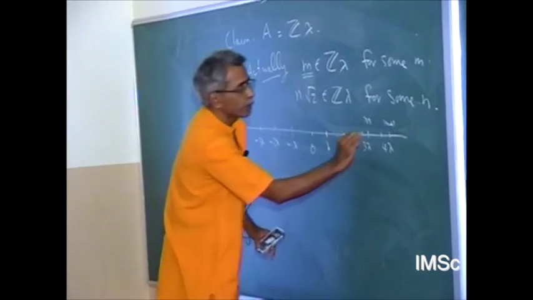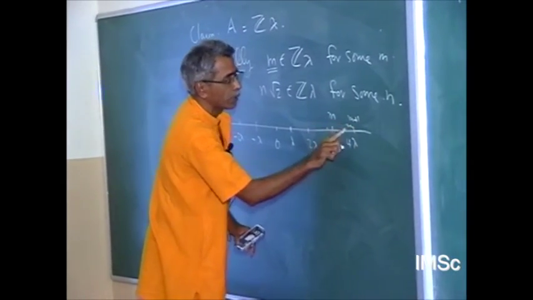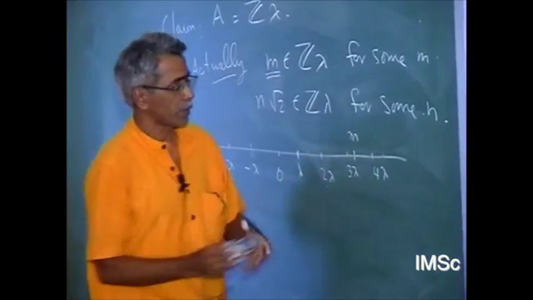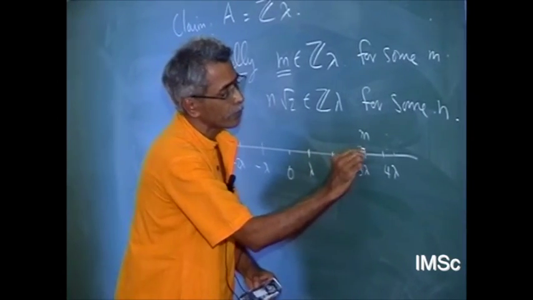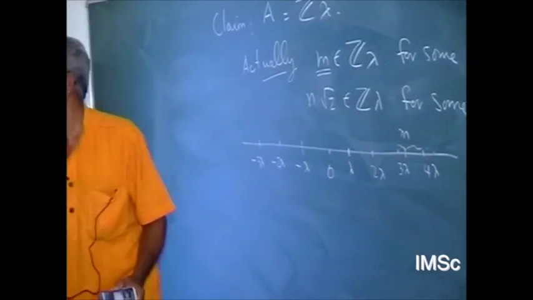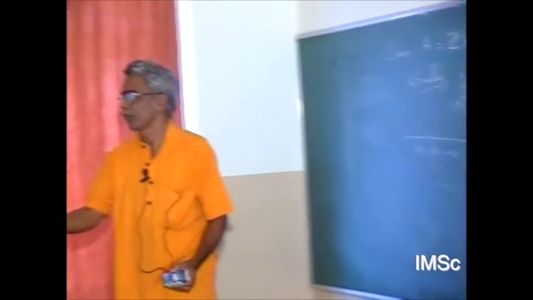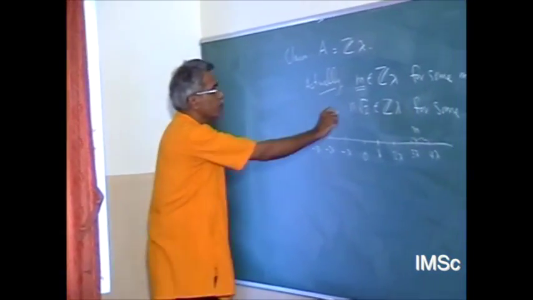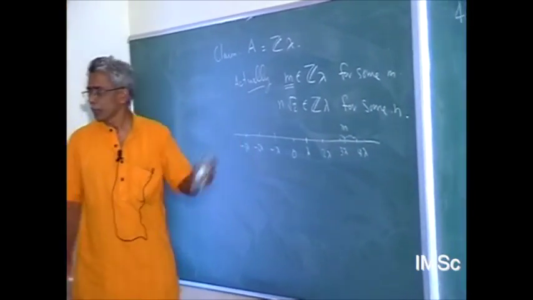But then I can look at the difference, and either this difference is less than lambda or that one is. That cannot happen, because lambda is the smallest positive number in A and I can take subtractions. So that is not possible. Some integer must belong. In the same way, root 2 will have to belong.